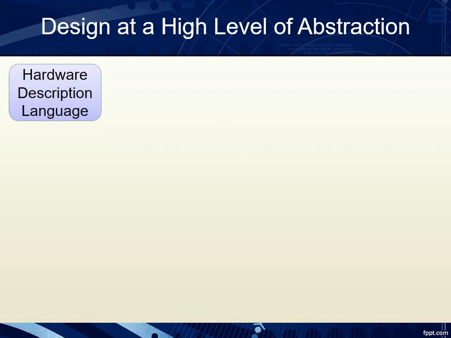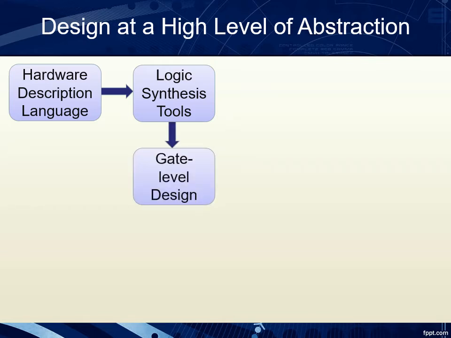Once you have the hardware description language, you can now use some specific logic synthesis tools to translate this high-level language description into a gate-level design. A gate-level design is a design of logic circuit at the level of single gates. Here you can now use the standard cell approach to design the complete chip.